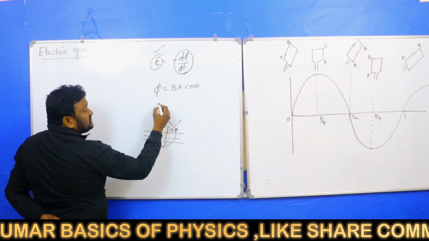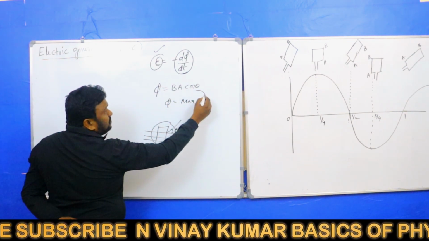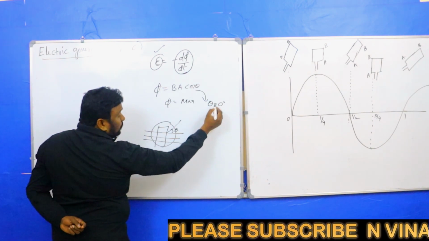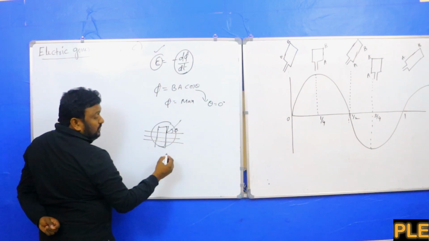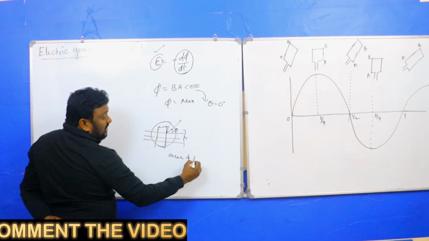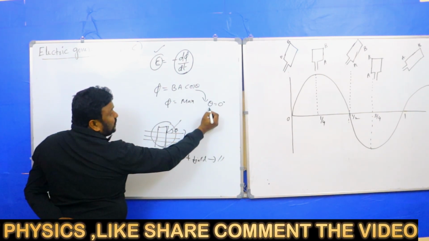In this case, the flux is going to be maximum, very simple, when the angle is 0. It means that the area we have selected is parallel to the field. When area and field are both in the same direction or parallel, the angle is 0.